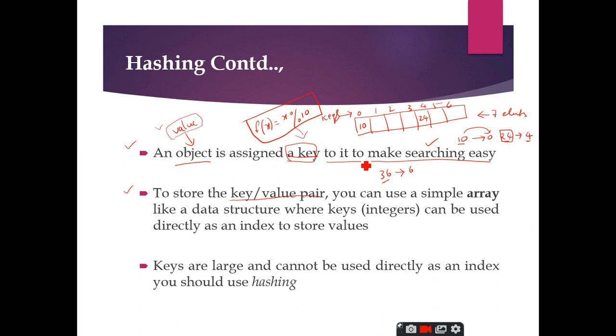So 36: in order to generate the key, I use this function. 36 modulo 10, what is the value? 6, sir, the remainder is 6. So this is the key generated for the value 36. The key value pair is 6 and 36, so I store this 36 inside the 6th index. Similarly 55. What will be the key generated? You have to apply this hash function on 55. 55 modulo 10.